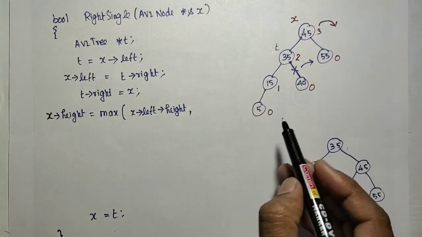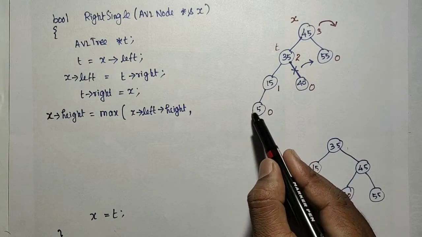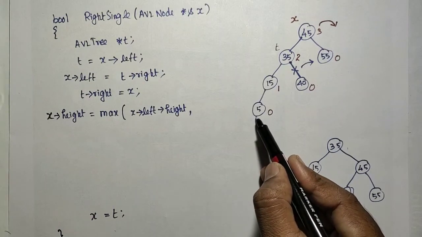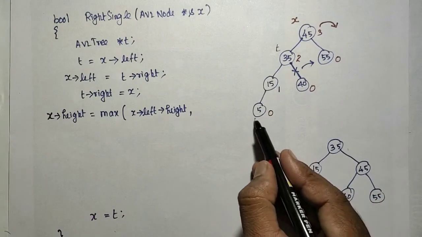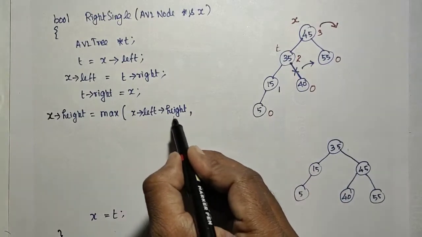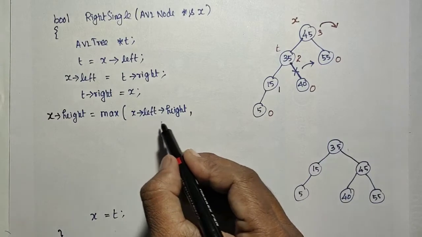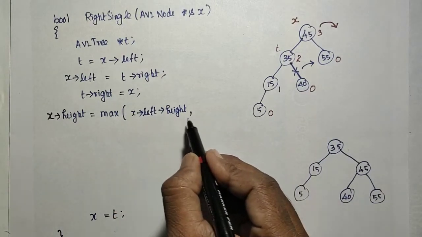But what if x of left itself is null? For example, if you are going to update the 5, you need to find the maximum between the left and right height. Here left is a null. So the height of null is invalid. In that case what we need here is -1.